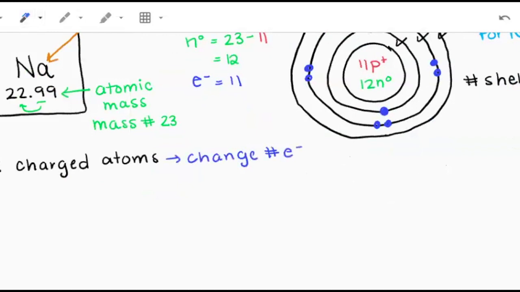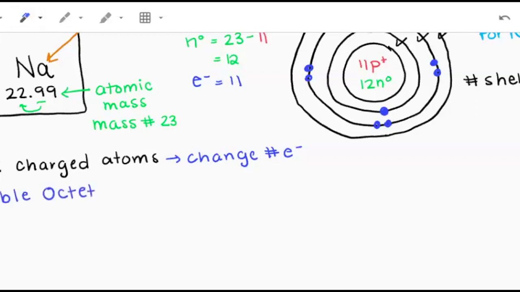And the reason we change the number of electrons is because elements will combine with other elements to form what's called a stable octet.